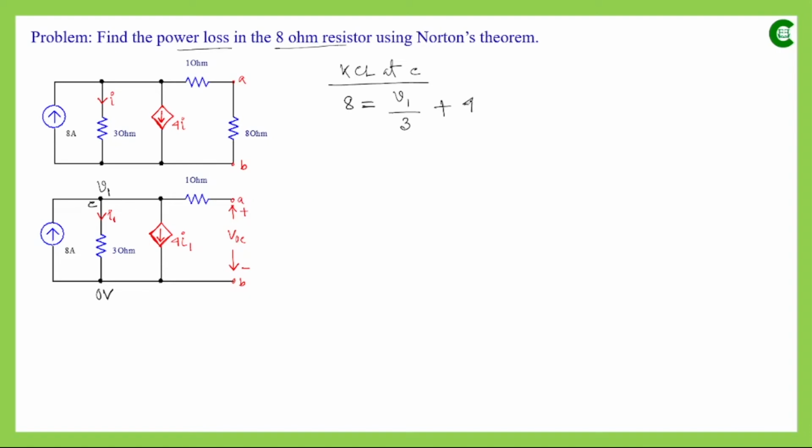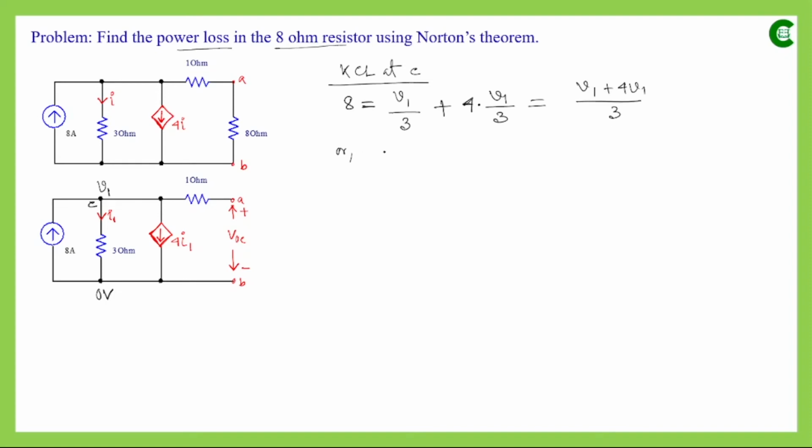So 4 multiplied by I1, where I1 itself is V1 divided by 3, so it will be 4V1 by 3. If we simplify this equation further, we get V1 plus 4V1 divided by 3.